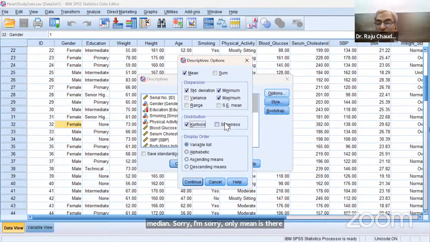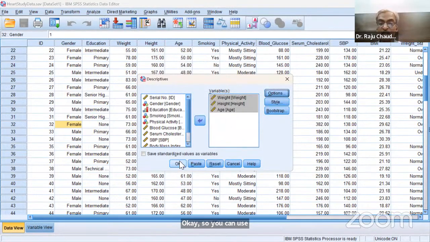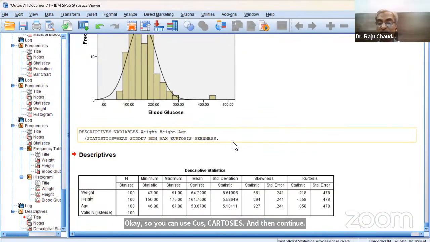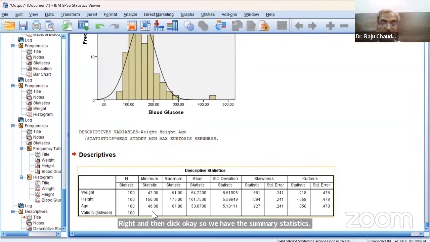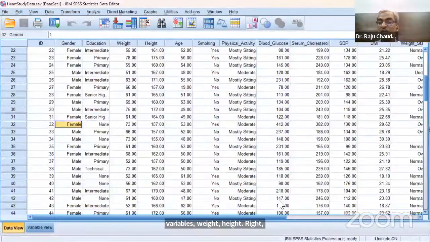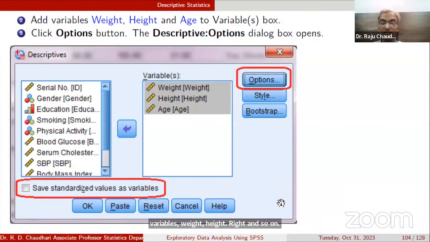So you can use skewness, kurtosis, and then continue, and click OK. So we have the summary statistics for all the variables, weight, height, and so on. So this is how we can create summary statistics.